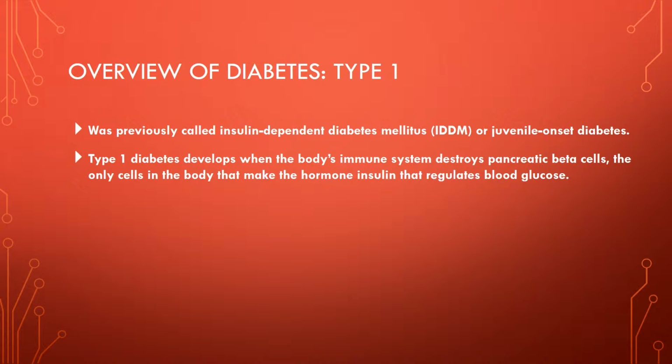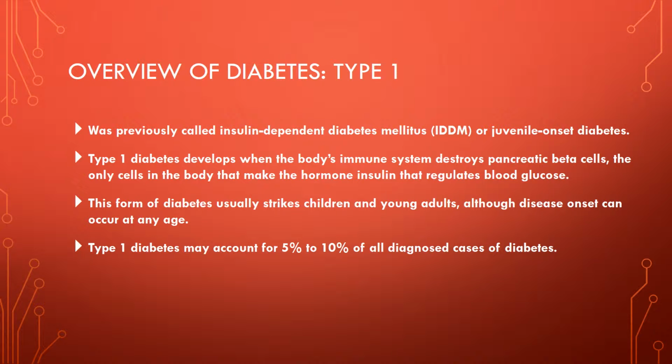Basically, the body attacks its own pancreatic beta cells, and therefore insulin is not made in sufficient quantities, sometimes not at all. This form of diabetes typically occurs in childhood or adolescence, but onset in adults has been reported. It's less common, and about 5 to 10% of all cases of diabetes are type 1.